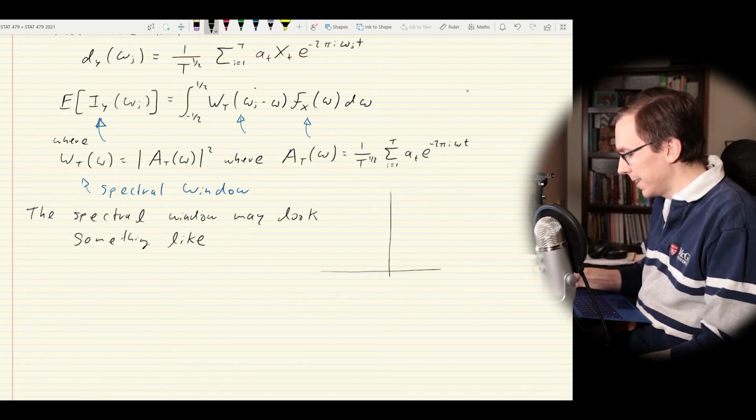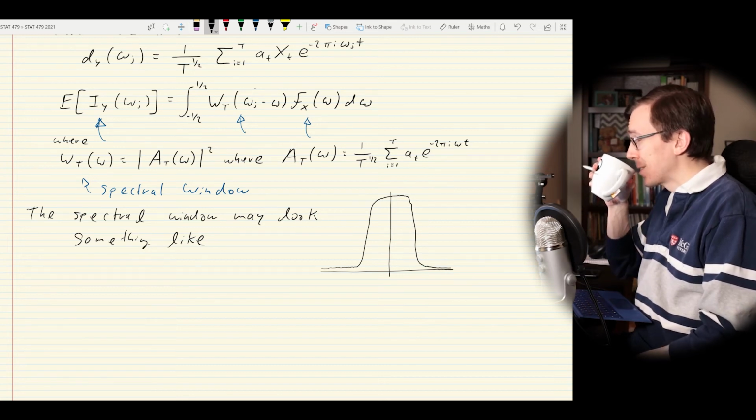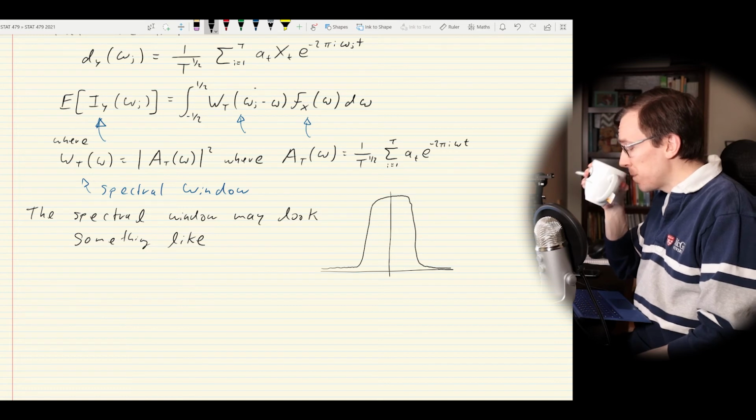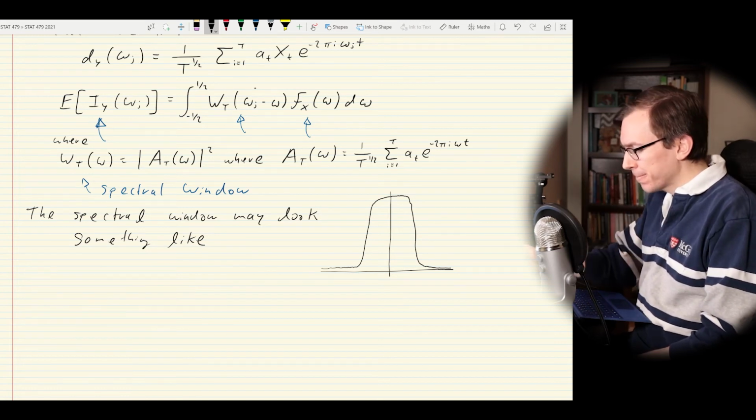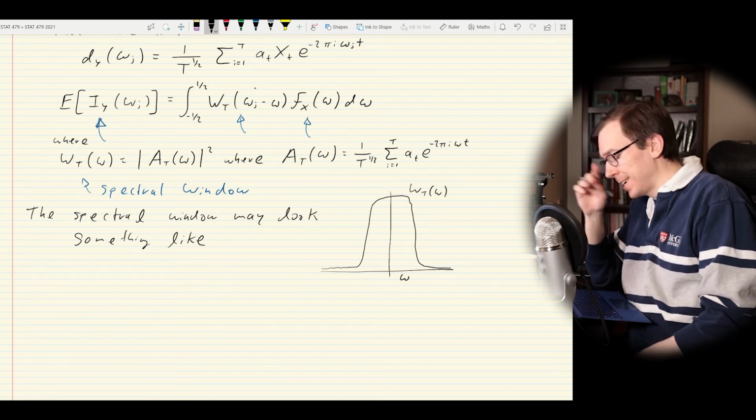It might look something like this. It's supposed to be symmetric. I can only draw so symmetric at this point in the term. So our W_T of omega might look something like this for the omega axis here.